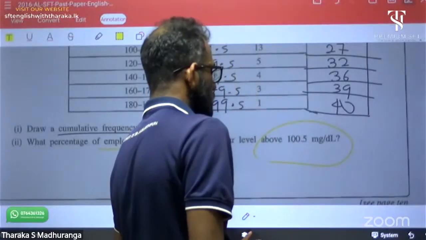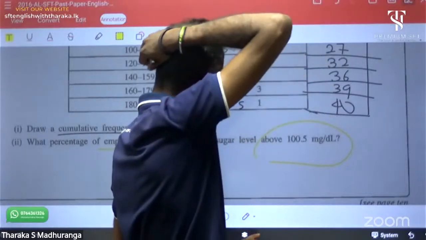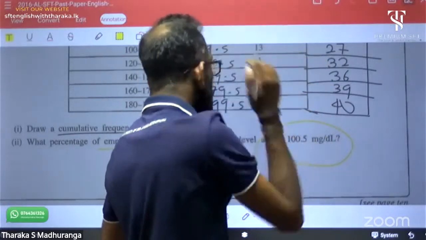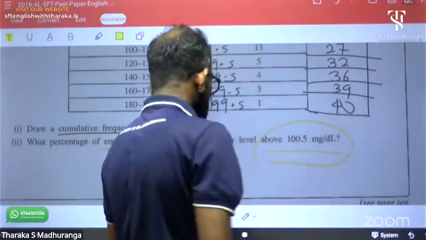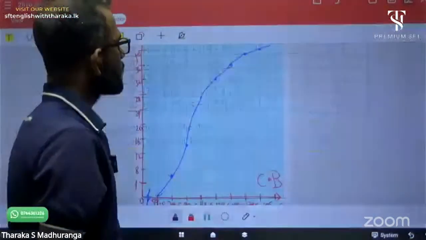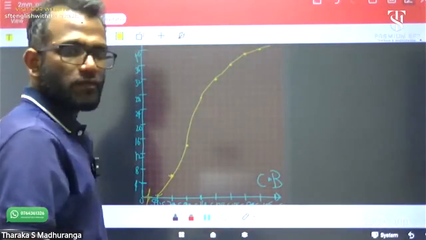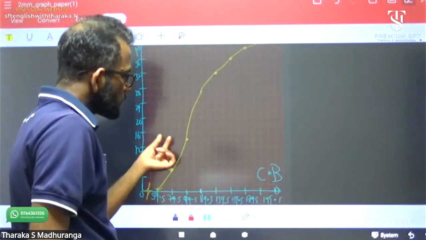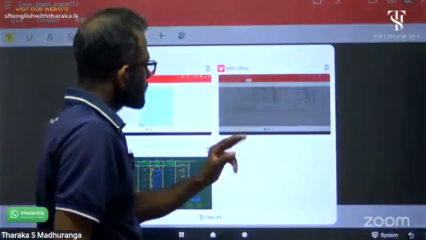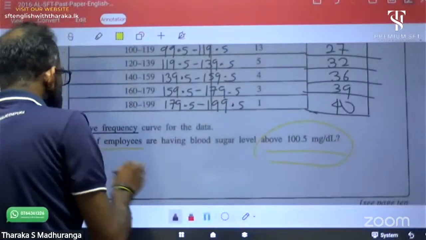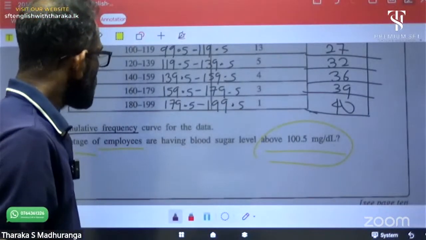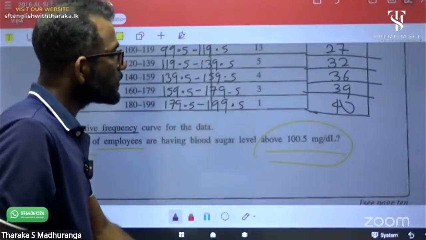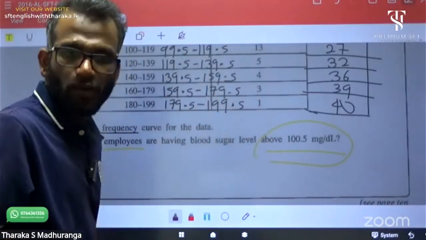Don't need to think about this unit. Okay, above, more than 100.5. What is the percentage of employees having blood sugar level more than 100.5?